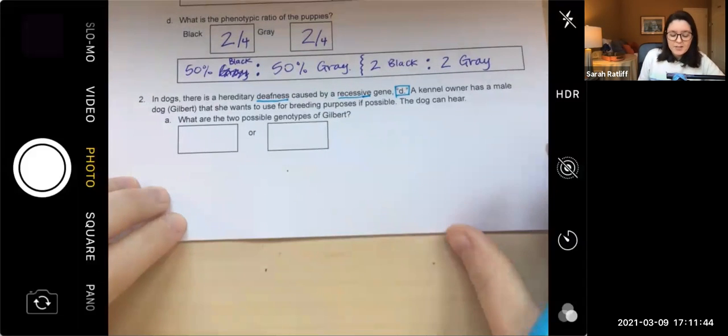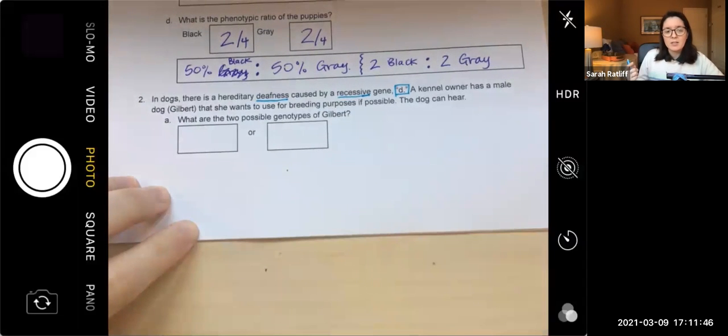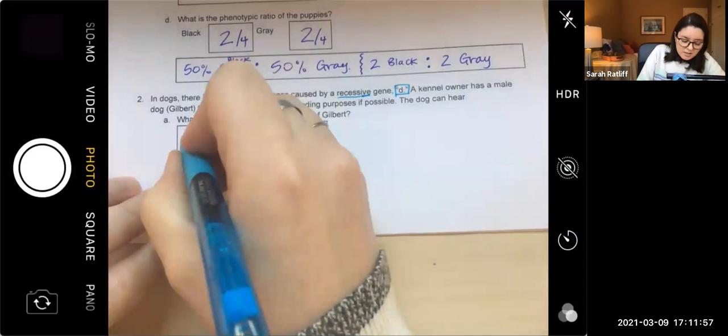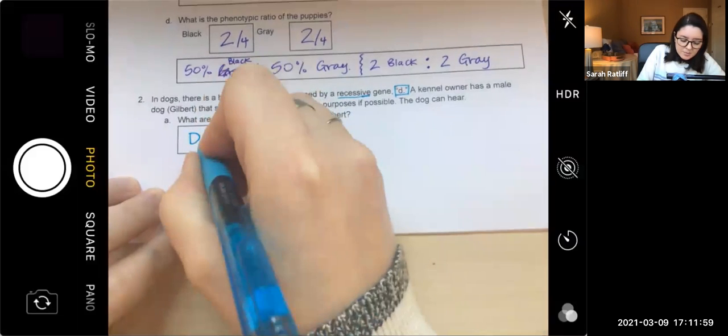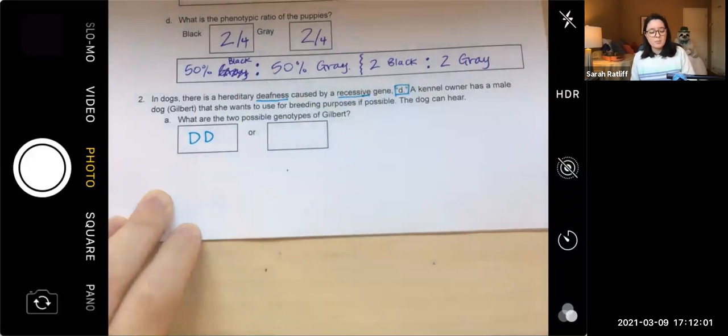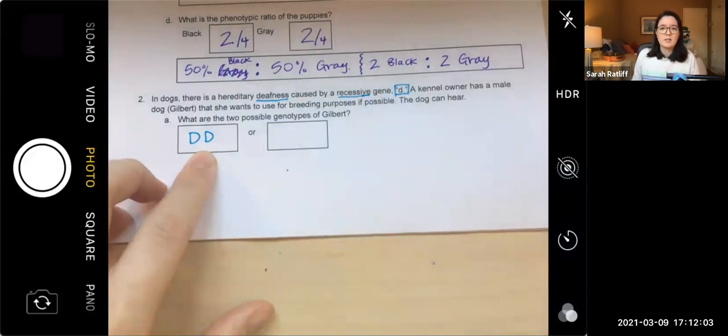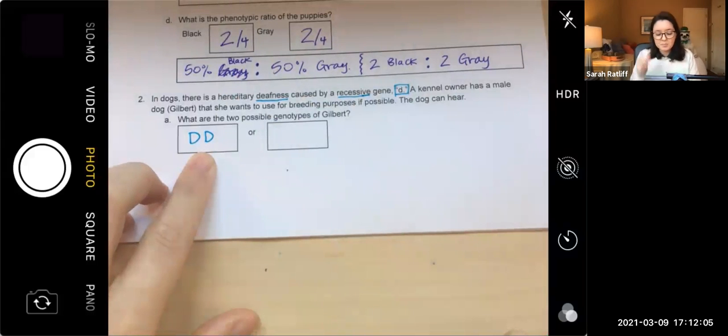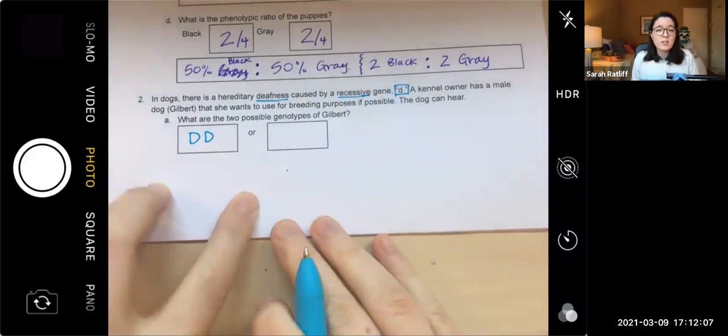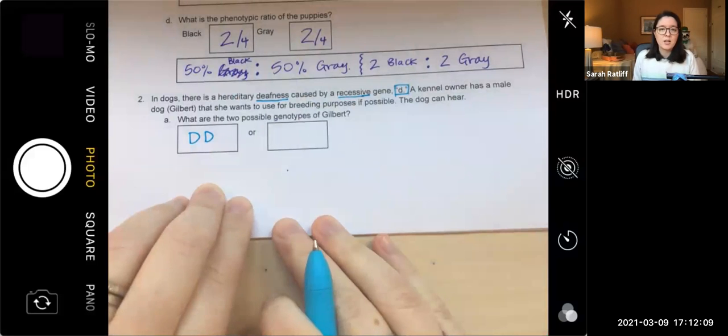Well, if hearing is dominant, we're going to need that capital letter to signify our dominant trait. And if he's homozygous dominant, homozygous means capital, capital, and dominant because they're big, they're tall, they're capital Ds. Now, there's another possibility in classic Mendelian genetics. He could also be heterozygous.